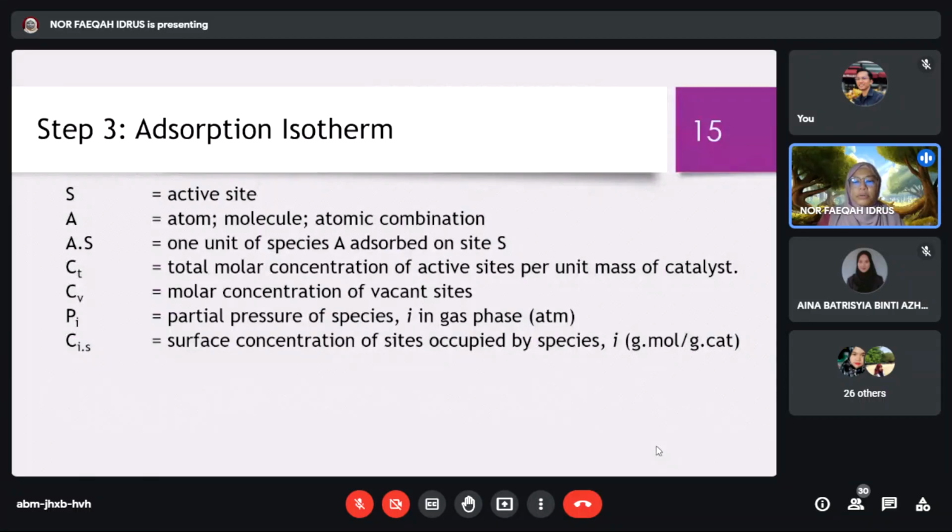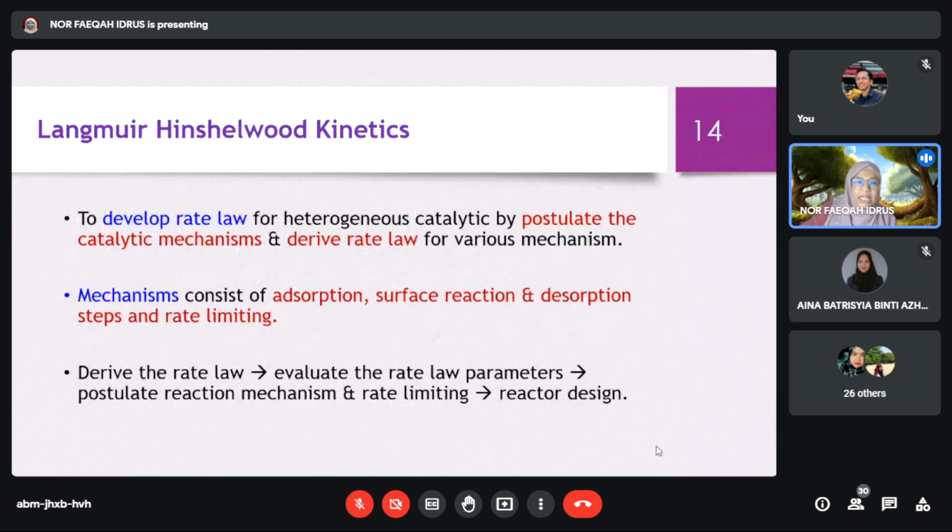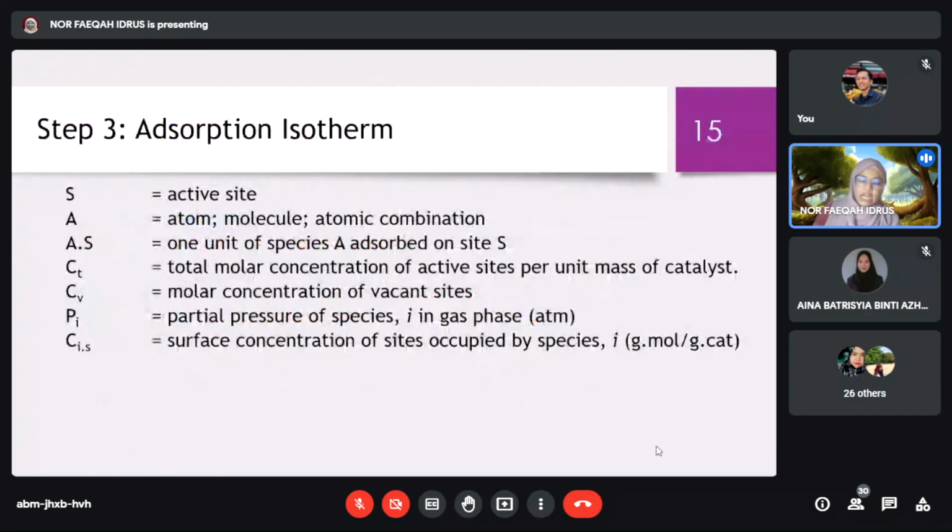Okay. So step 3 is adsorption of reactant A to the active site of the catalyst. There should be a definition for adsorption. Adsorption is the step where the reactant will adsorb onto the active site of the catalyst.